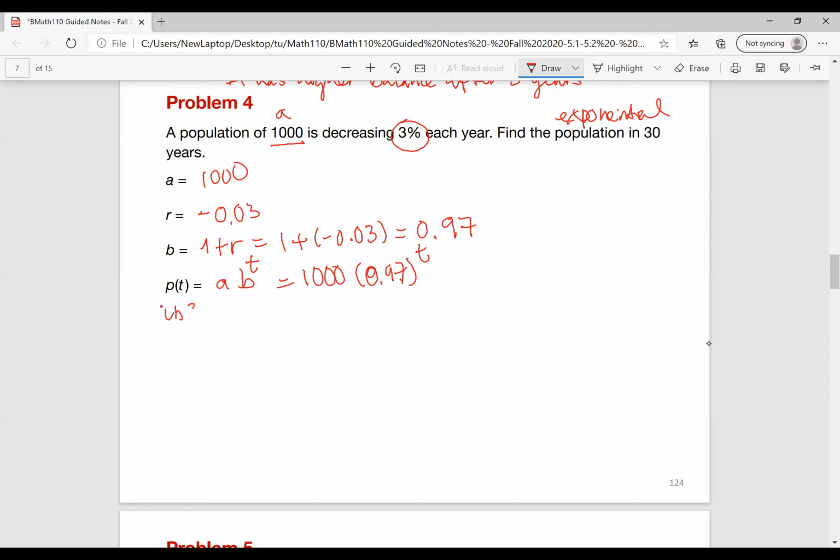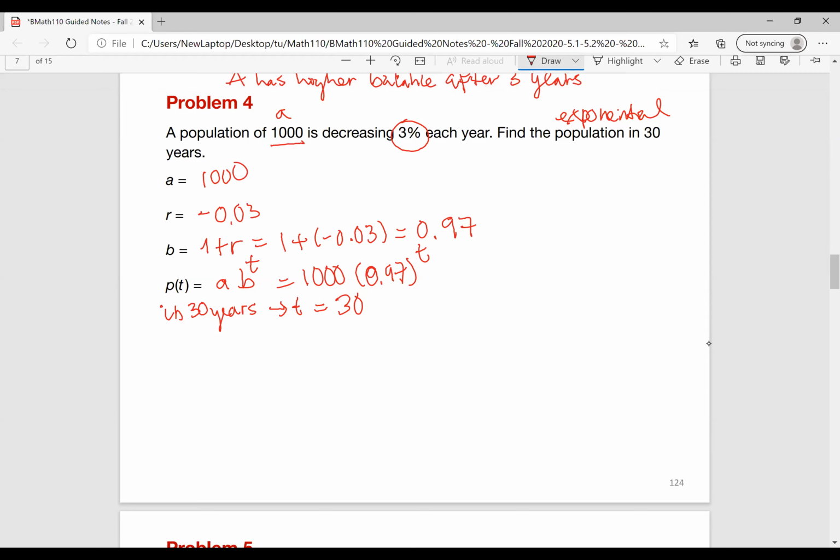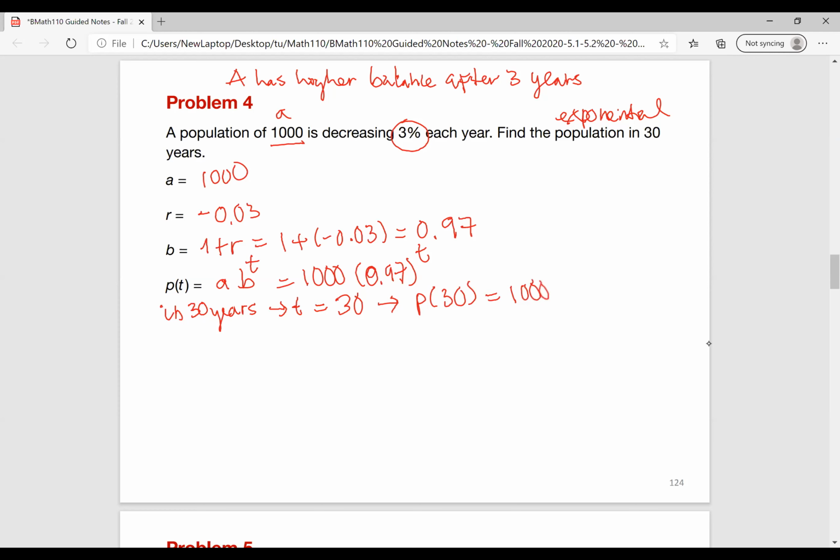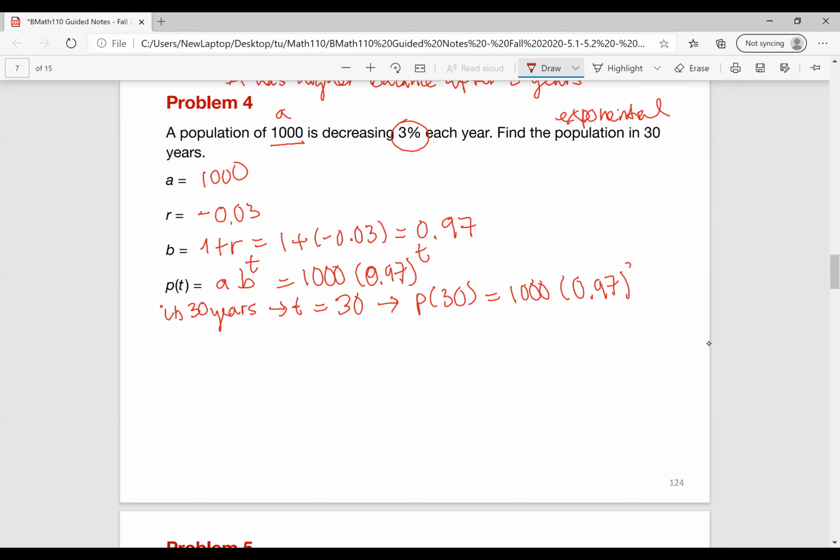Which means what? Which means you have t equal to 30, right? And then you will have P of 30 equal to 1000 multiplied by 0.97 to power 30. Okay, what do you have now?